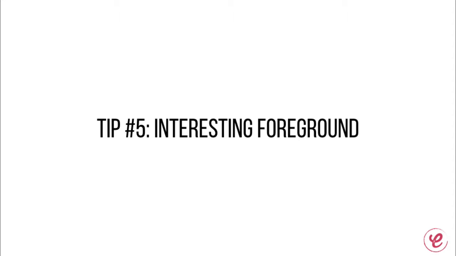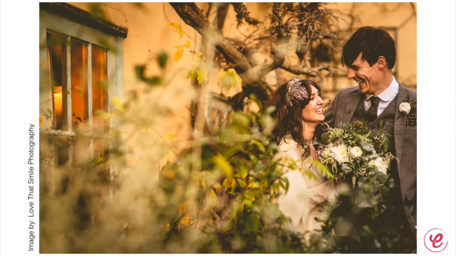It leads the eye to your subject that's in the middle layer and just creates a nice tension. So for example, in this image, you can see there's a bush or something in the front that I shot through, and then you have the couple in the middle, and then you have a little bit of a background there.